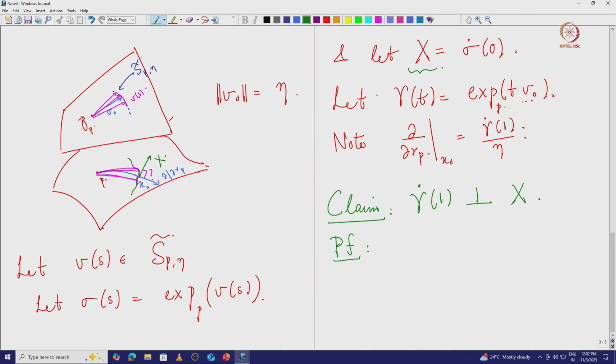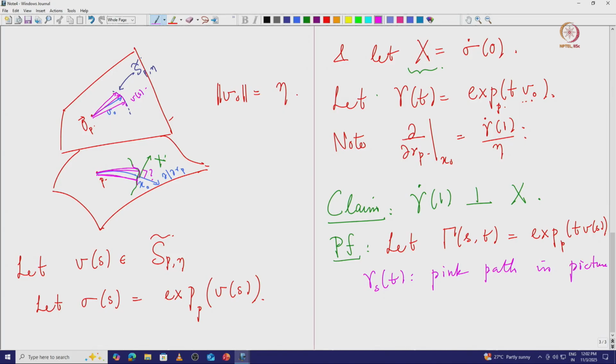All right. So let gamma of s comma t be given by the exponential of t times v of s. Okay. So these are the pink paths. So gamma s is the pink path in the picture. Okay.